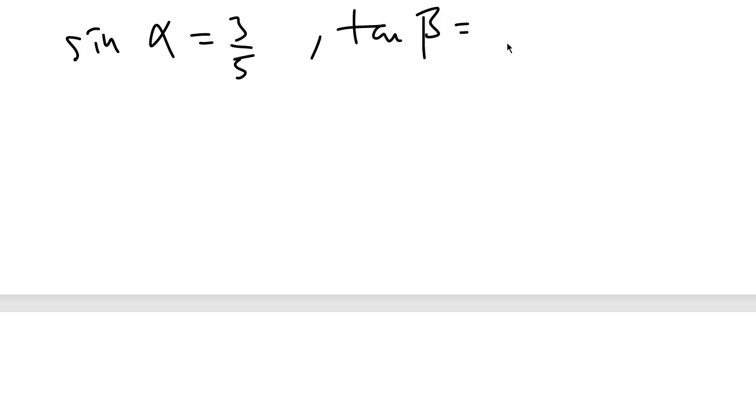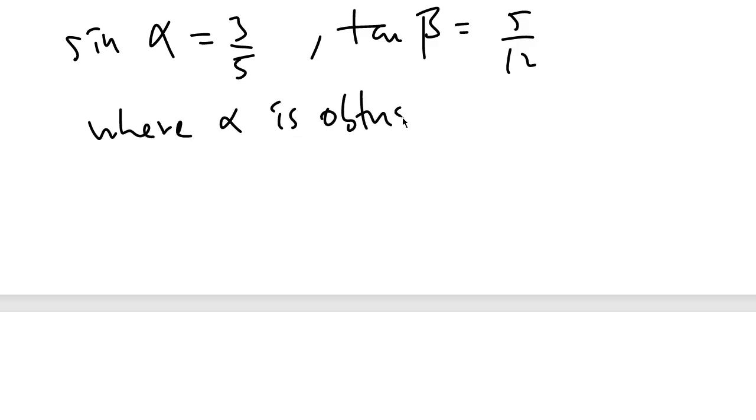So you should be able to apply these laws. Do you get it? Based on what I've just explained, suppose you are given sine alpha equal to 3 over 5, and tan beta equal to 5 over 12, where alpha is obtuse and beta is acute.